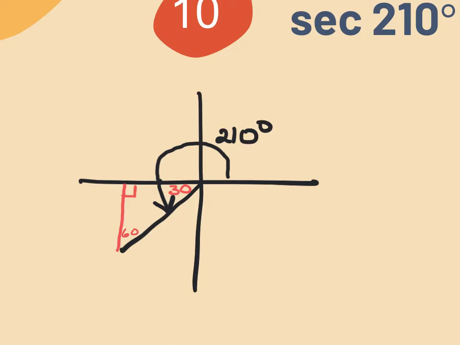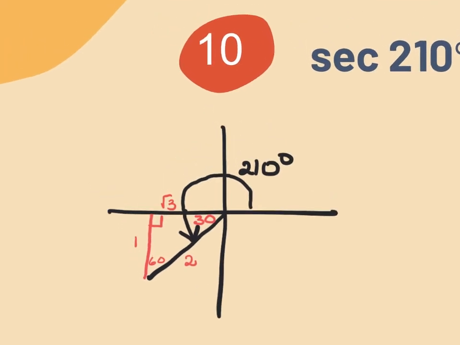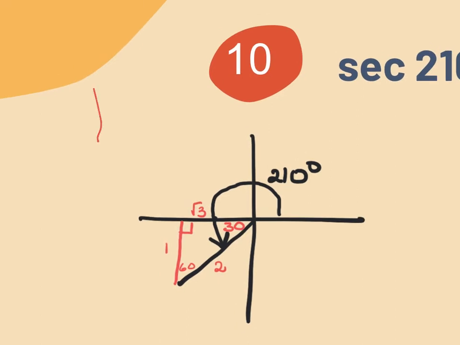Remember, across from the 30-degree angle is 1. Across from the 90 degrees, the hypotenuse will be 2. And then across from the 60 is the square root of 3. You're memorizing the location of the 1, 2, square root 3. Next, I need to know the signs. So if you recall from Friday, in quadrant 1, the signs are positive, positive.